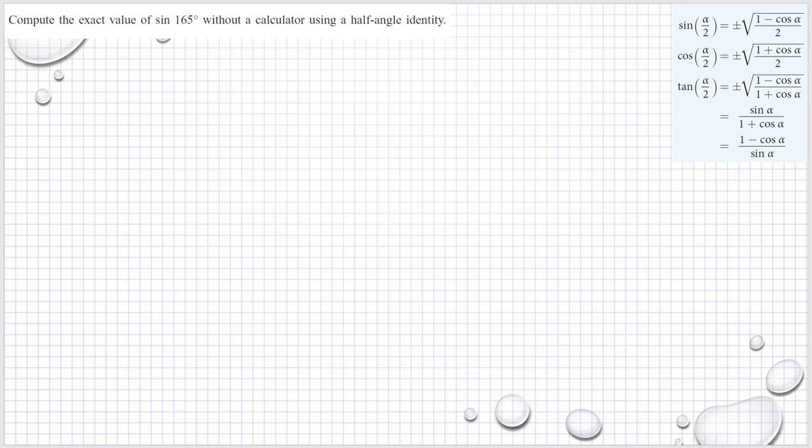Sine 165 degrees is the same as sine of 330 degrees divided by 2, because we need to use the half angle formula, which is plus minus square root of 1 minus cosine theta divided by 2.